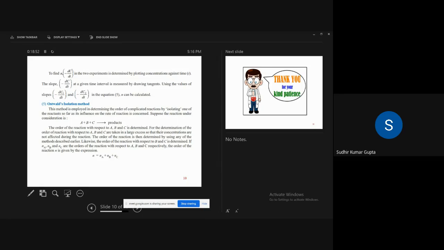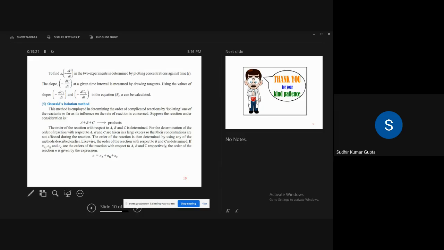Suppose we get the orders with respect to A, B and C as nA, nB and nC. Then the overall order of reaction will be given by n is equal to nA plus nB plus nC. What we are doing here is collectively finding the order of reaction with respect to one concentration by taking the others in large excess. Why large excess?